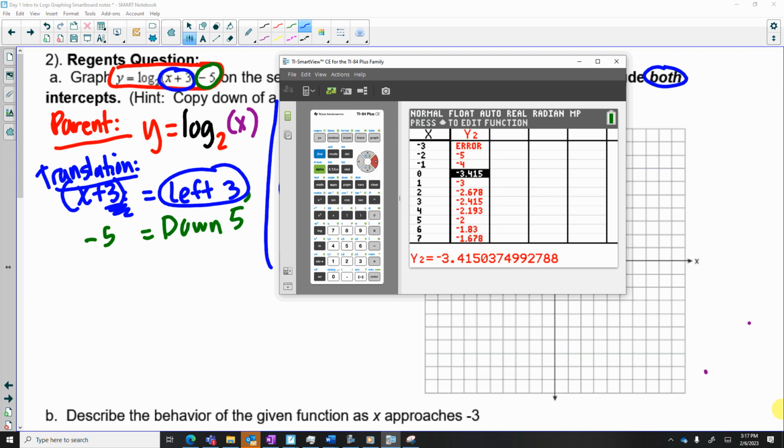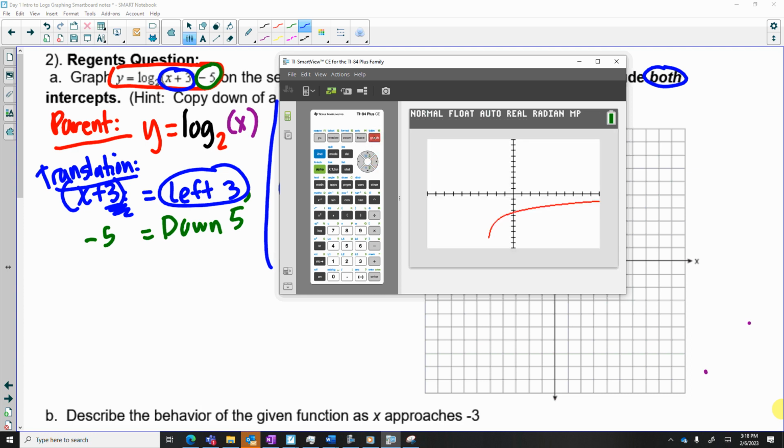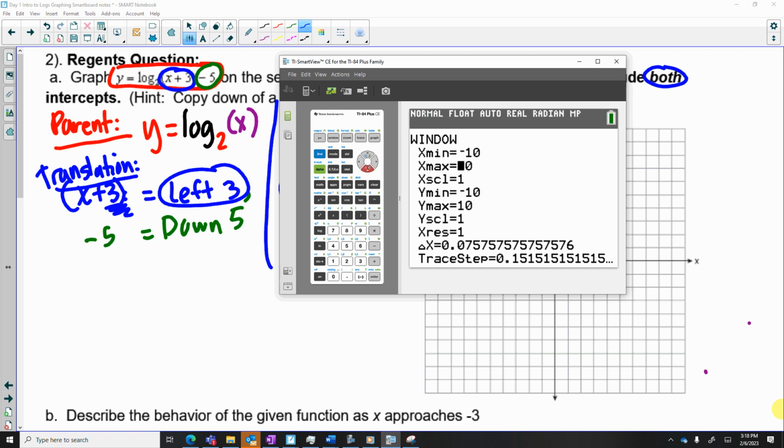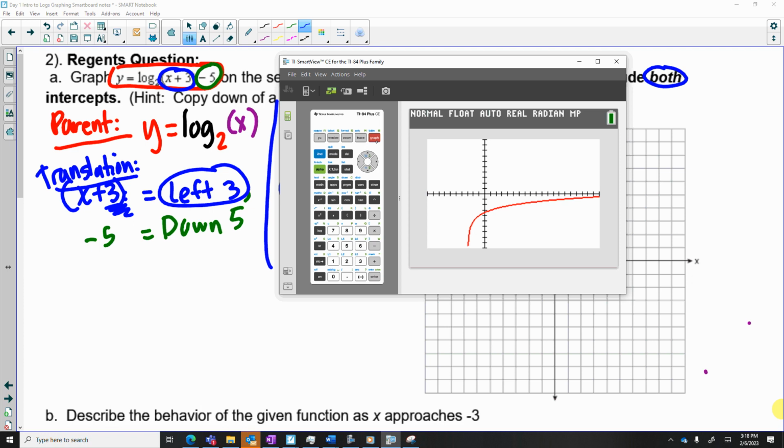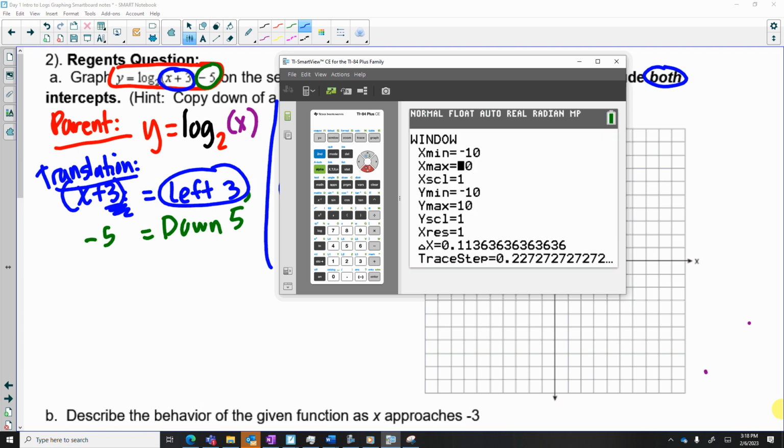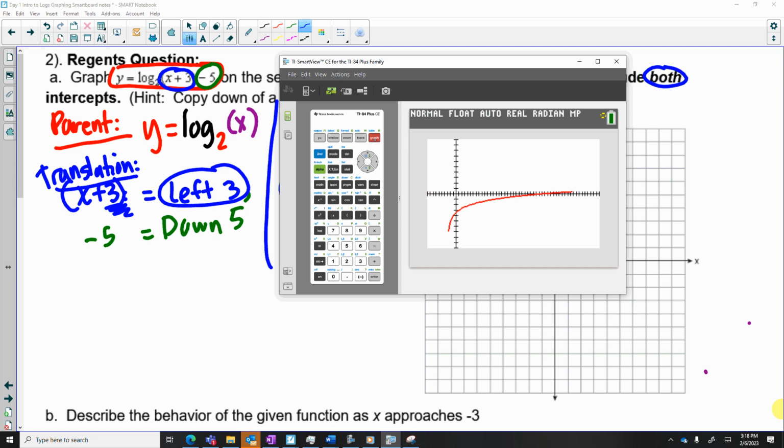3.415). And then the x-intercept: if you hit graph, we don't actually see it. Do you see it's all the way to the right? We have to move our cursor to the right, or we have to make our window move to the right. So let's press WINDOW and make your x maximum move to the right, like 20, and then hit graph. Again, I don't quite see it, so I'm going to press WINDOW again. Maybe I'll make it 50, and then hit graph, and then I'm going to see my intercept.